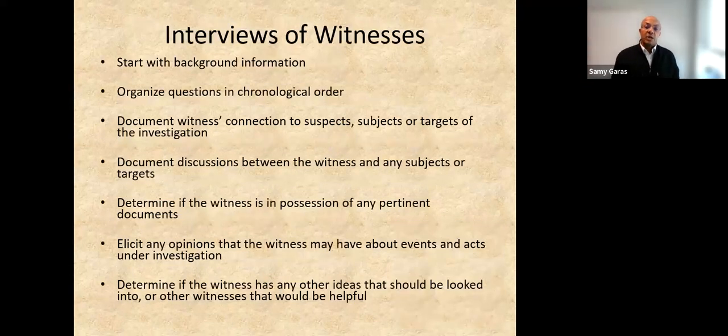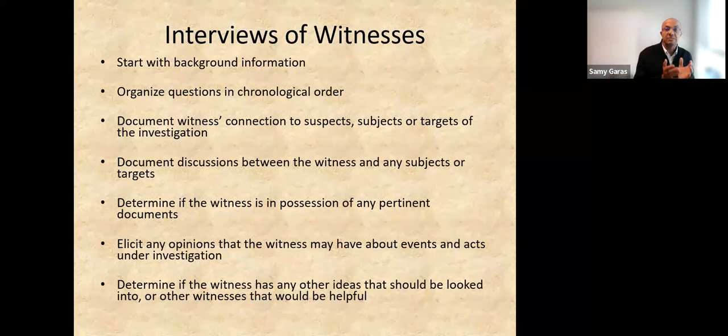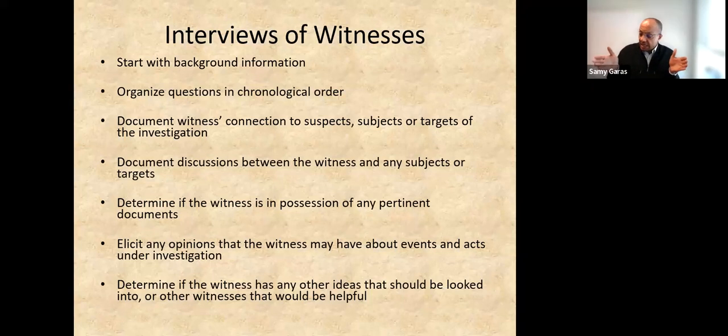Then, when we start the interview and we interview the witness, as I said, we check the background information about the case, about the crime scene, and so on. Then we arrange our questions in chronological order. Then we see if there is any connection between the witness and the suspect. Then we document all the discussion between the witness and any suspect or targets.